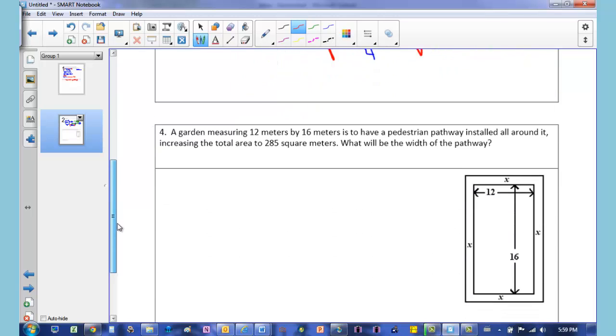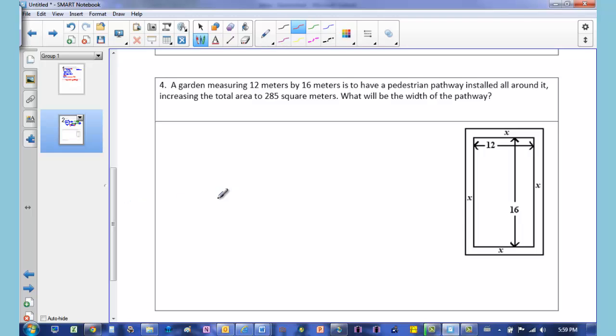For number 4, I'm going to try and help you set it up, and hopefully you can solve it by yourself at home. A garden measuring 12 by 16 meters is to have a pedestrian pathway installed all around it, increasing the total area to 285 square meters. What will be the width of the pathway? So basically x.